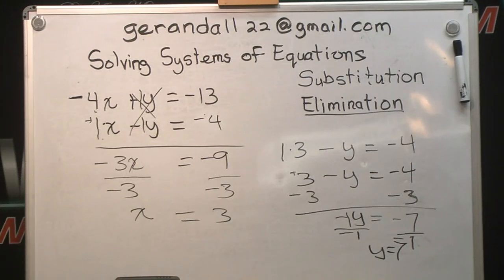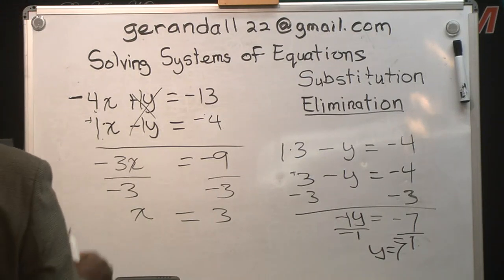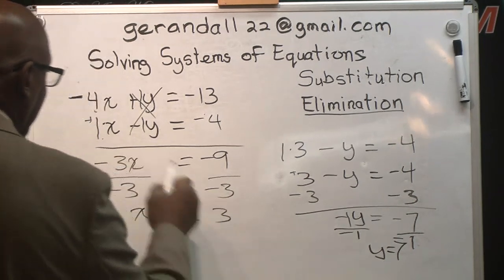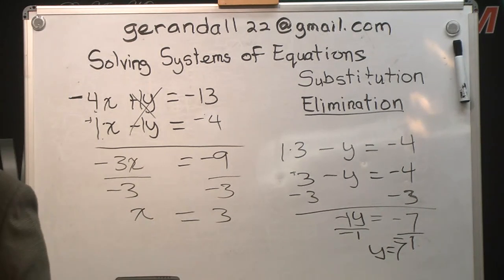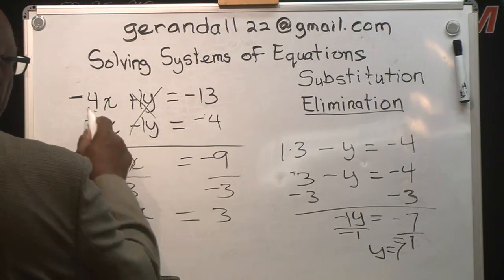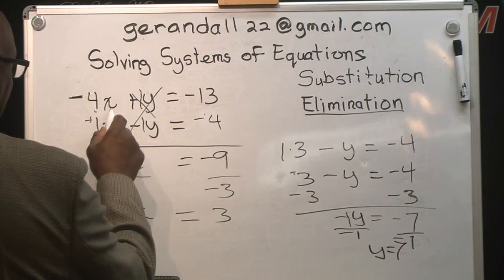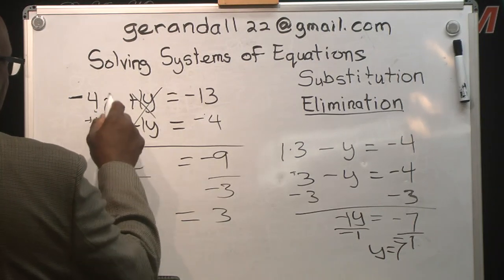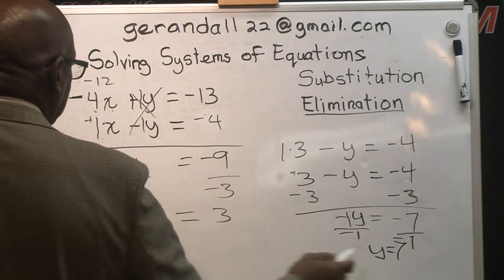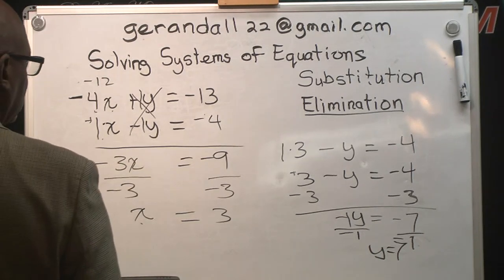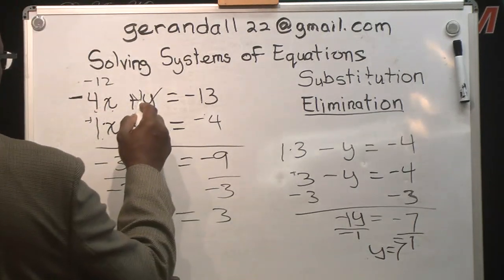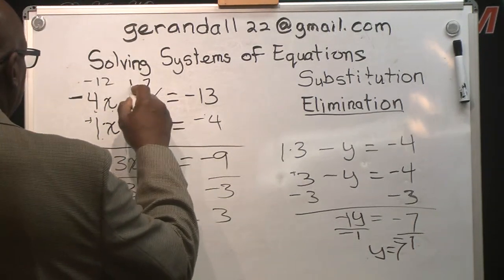So we should be able to go back and replace wherever we have our values and see if these two statements are true. Real quick, minus 4 times 3 is a negative 12. Plus 7.